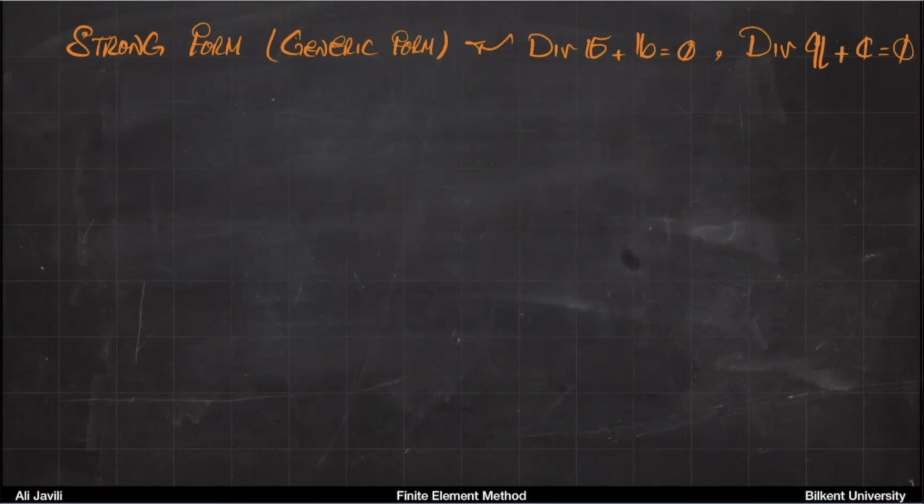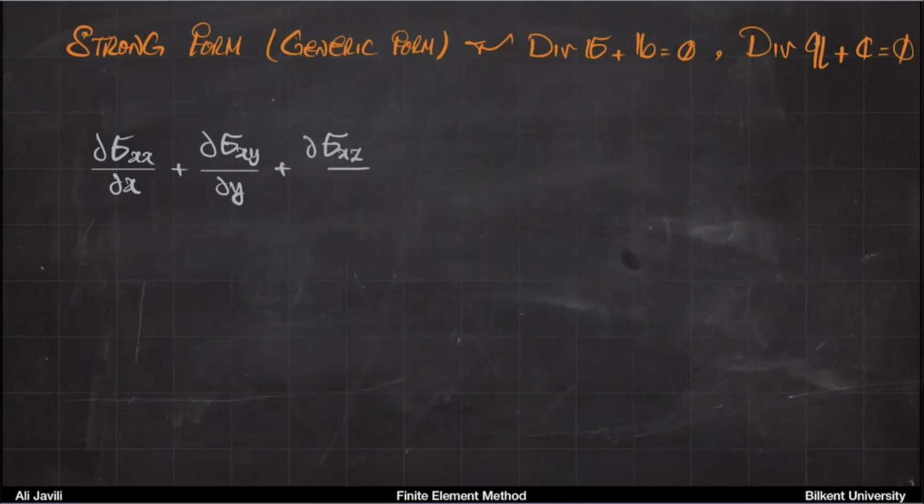So for a mechanical problem, this would look like derivative of sigma xx with respect to x plus derivative of sigma xy with respect to y plus derivative of sigma xz with respect to z plus bx is 0. So that's your first equation in the x direction.